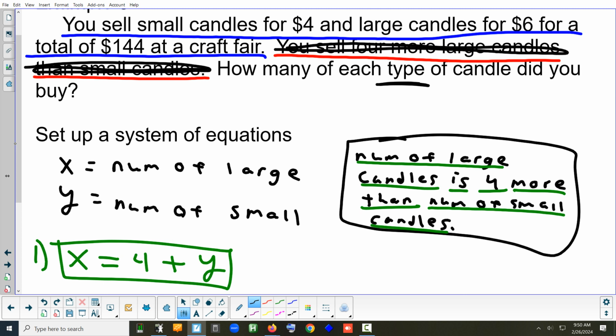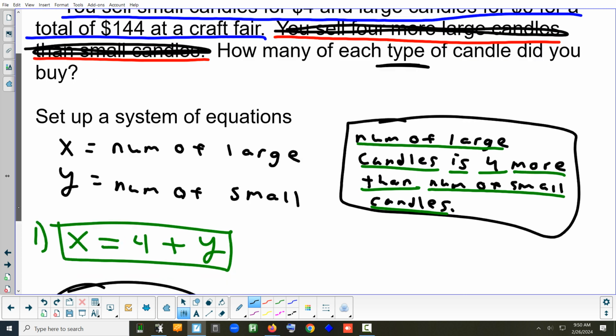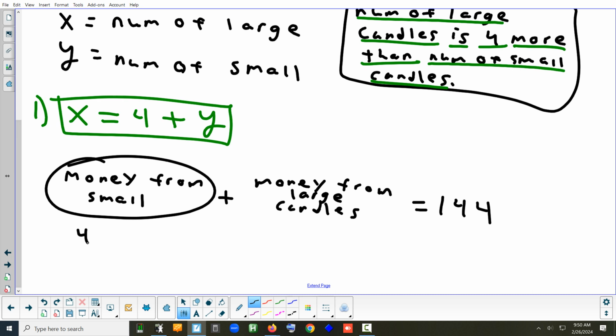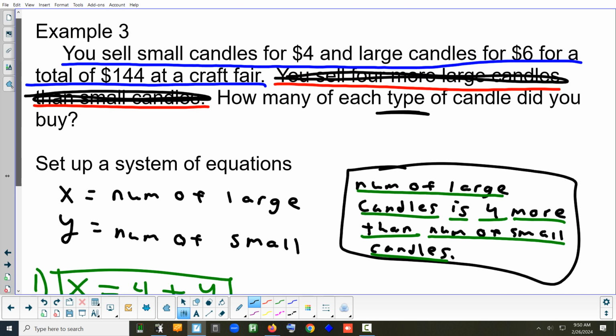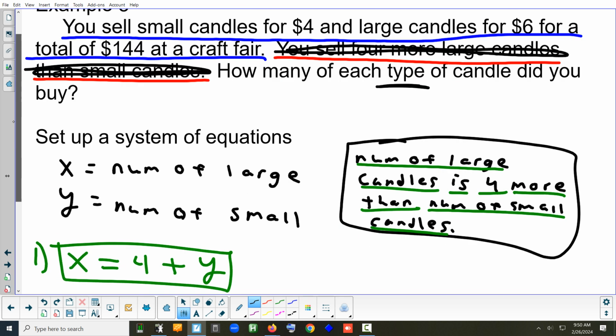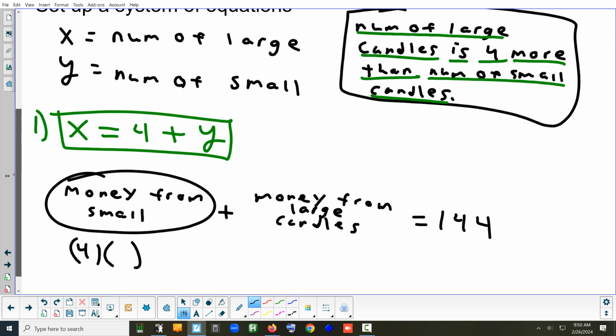What would you do with the 4 and the 5 to figure out how much money you made? Multiply them. So you take the price per candle times how many you sold. Well, the price of the small candle is 4. Or is that the large candle? Small. Okay. So the small candle is $4.